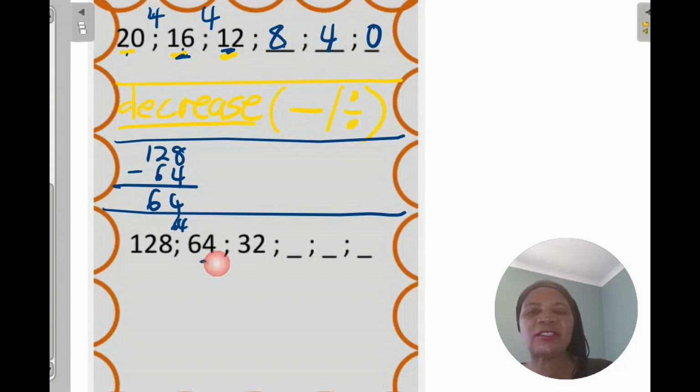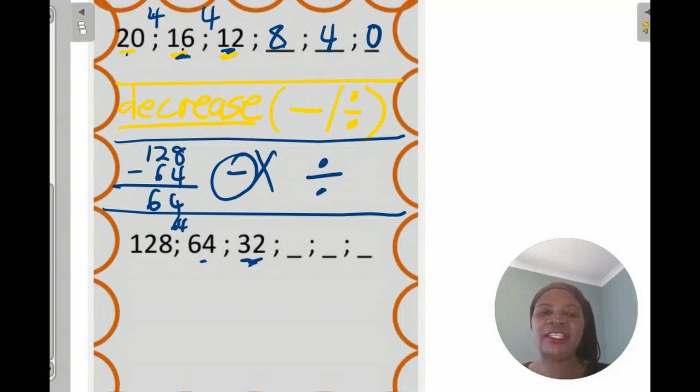But if we say 64 minus 64, it will be 0 and not 32. So the numbers are decreasing, but we are not subtracting. So subtracting is out, which means we must be dividing.